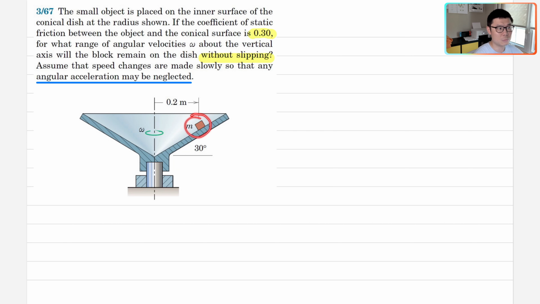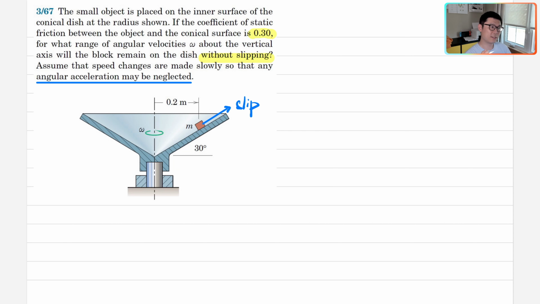I hope you can realize m can slip this way. When this cone is spinning too fast, m will apparently get out. However, is this the only way that m will go? It's not.